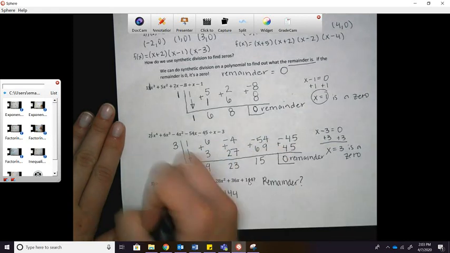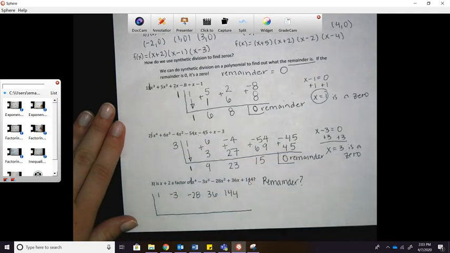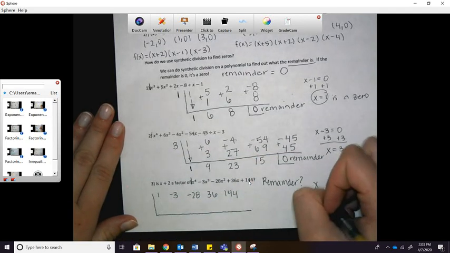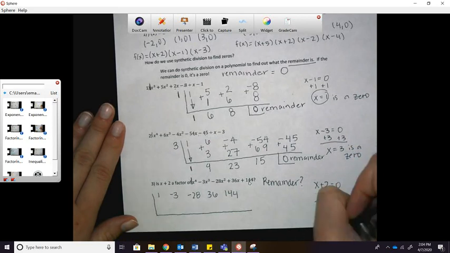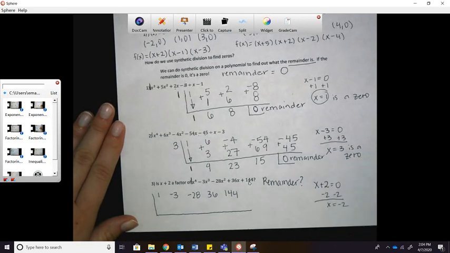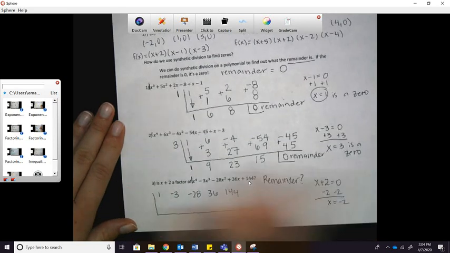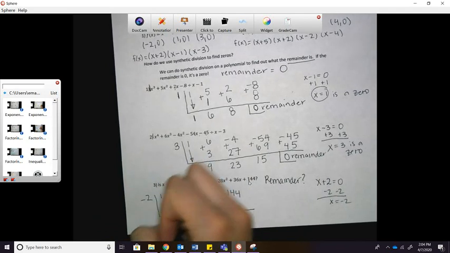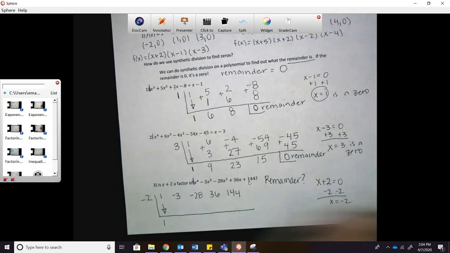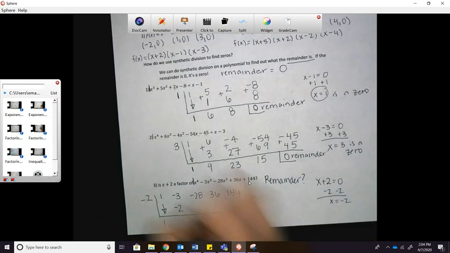Ooh, some big numbers there. And I want to find out if x plus 2 is 0, which really means I am going to divide by -2. Okay, so this is a negative. We have to be very careful with our signs here. So I'm going to bring down and multiply. Alright, and then I'm going to add, so -3 plus -2 is -5.